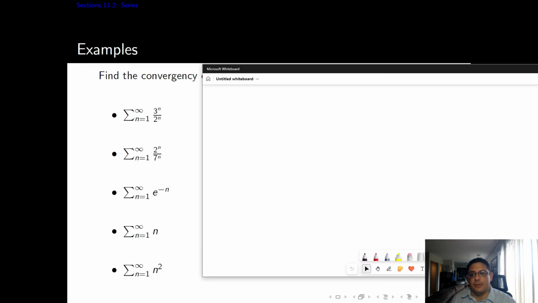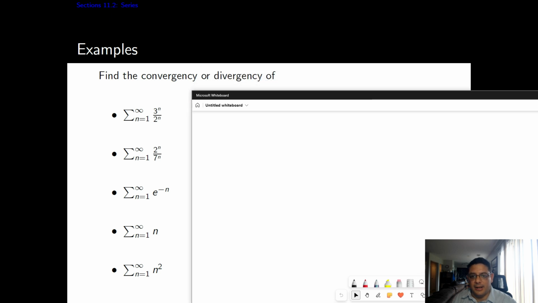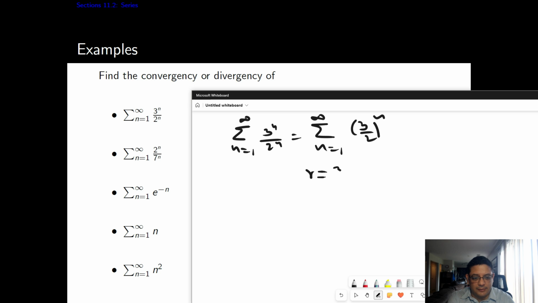Notice that with geometric series, we basically only need to know if the absolute value of r is bigger than 1 or less than 1. In this scenario, we have 3^n over 2^n, which I can see as the sum from n equals 1 to infinity of (3/2)^n. And so r is equal to 3/2, which is bigger than 1. So this is going to be divergent.